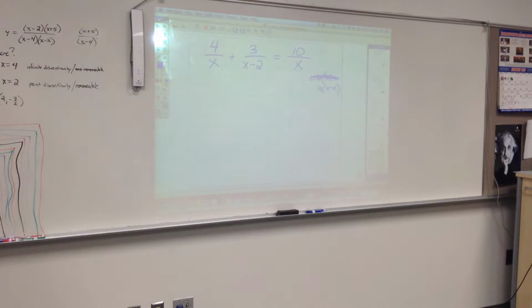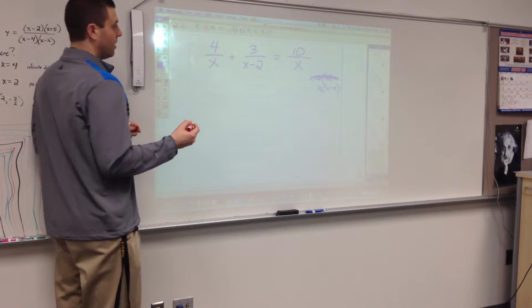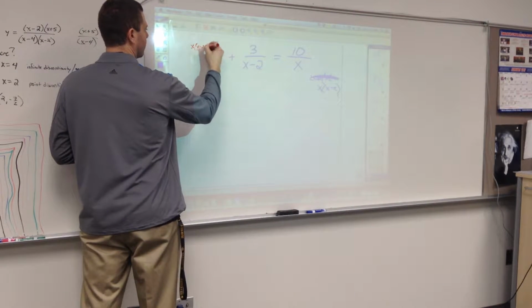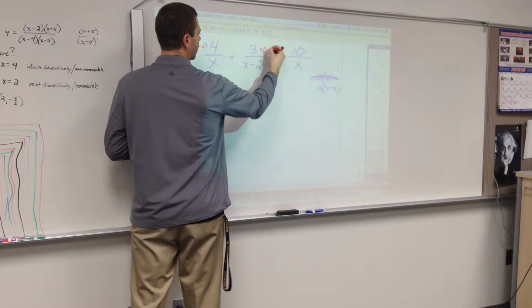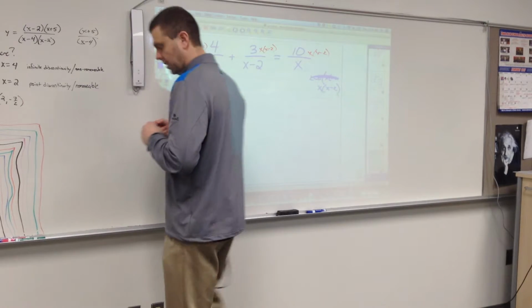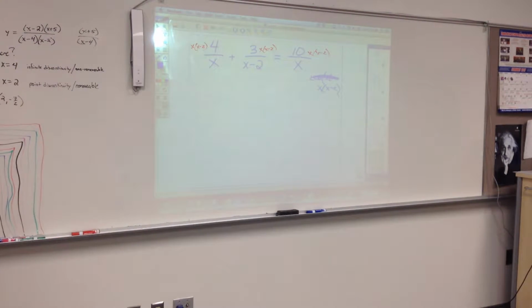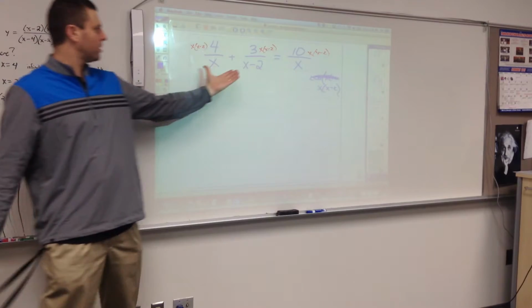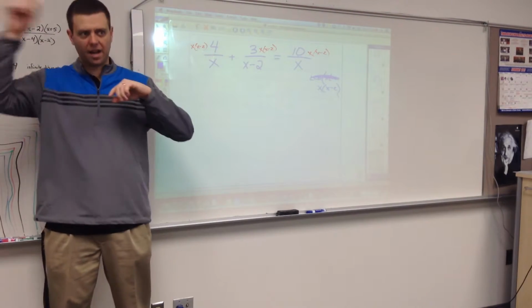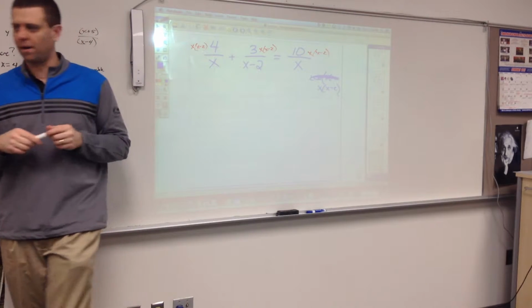So what I would do is multiply every fraction times x, x minus 2. I'm going to just multiply both sides of the equal sign, which, even though there's more than one term on this side, if I multiply that entire side by the least common denominator, I'd have to distribute it, so each term would be multiplied by x, x minus 2.